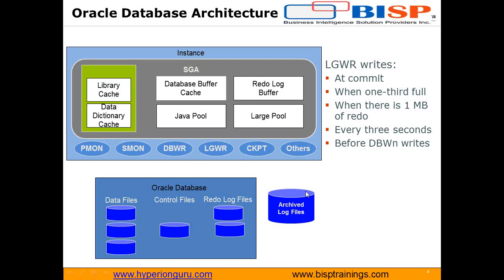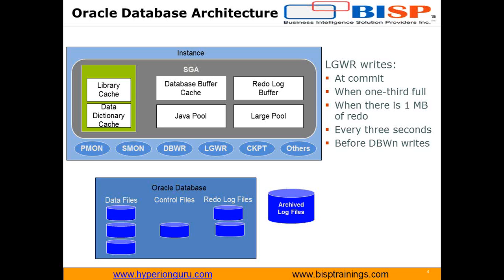Any change data capture tool, not only Goldengate, be it Data Guard or any other IBM tool or any other tool, takes whatever changes it has to take from the redo log files and archive log files in the case of your Oracle database.